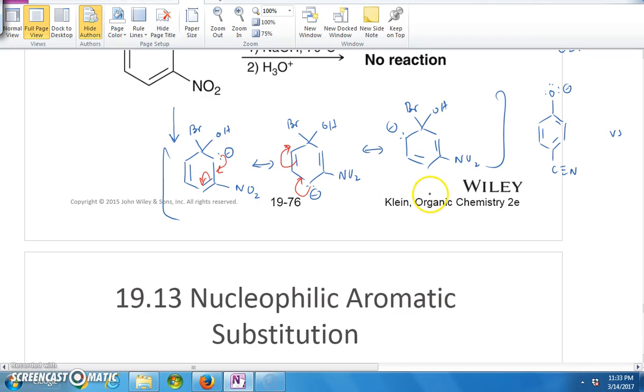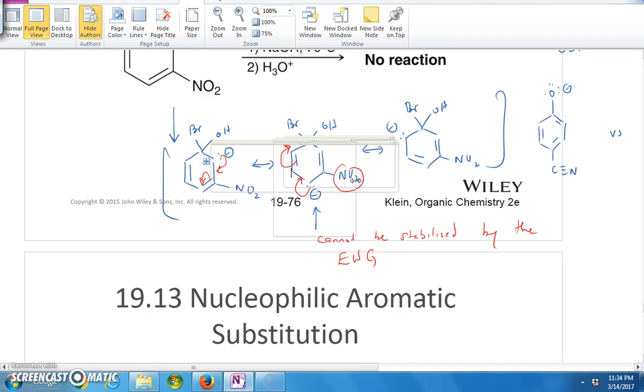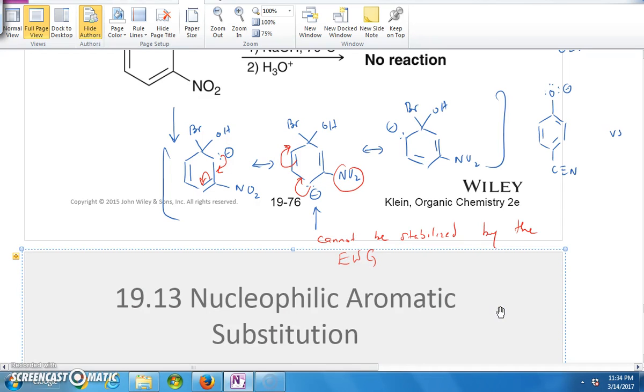The negative charge cannot be stabilized by the electron withdrawing effect of the electron withdrawing group. You can see the nitro group is the electron withdrawing group, but the negative charge cannot be stabilized that way. So it's very important that the electron withdrawing group be in either the ortho or the para positions.